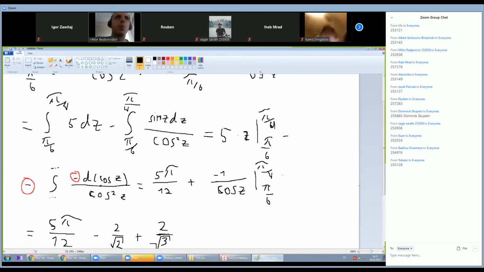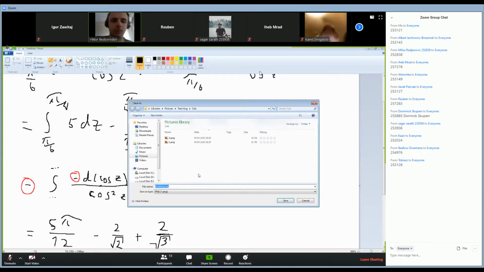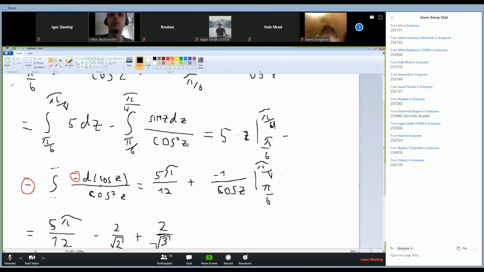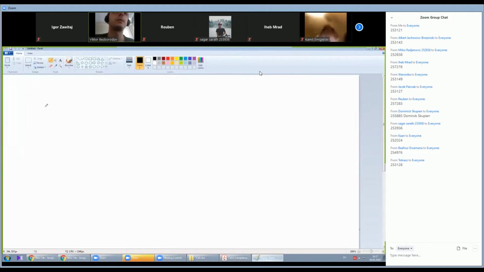And by the way, let me also say that, for example, if you have the integral from 11 to 24 of dx over x minus 16, right? So this is not defined.